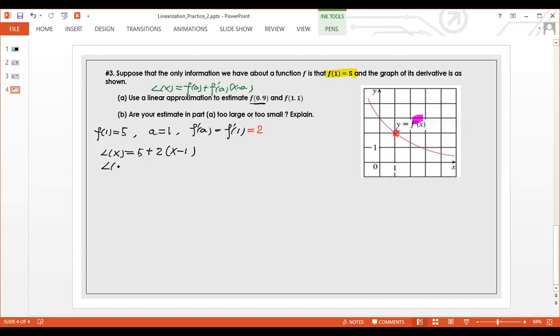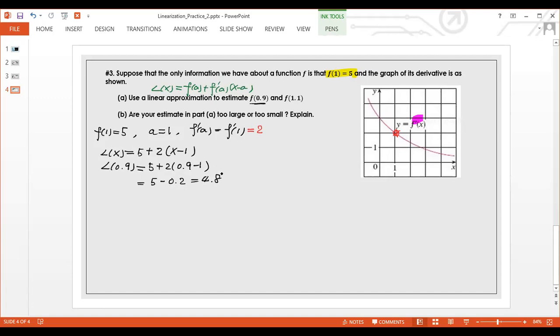That means I use L(0.9) to estimate that. So this is 5 plus 2 times 0.9 minus 1. So this will be negative 0.1, right? So it's 5 minus 0.2. So what is here? 4.8.